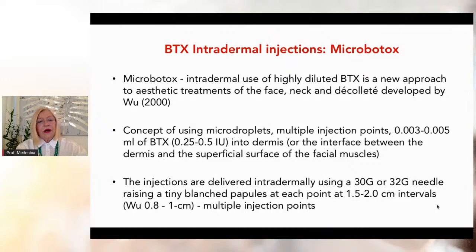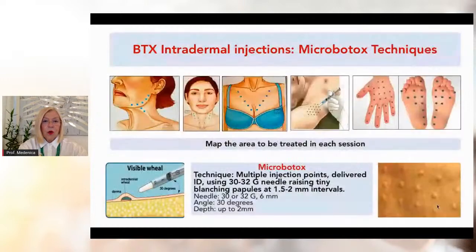The injections are delivered intradermally using a 30 or 32 gauge needle, raising tiny blanched papules at each point at 1.5 to 2 centimeter intervals. Wu used 0.8 to 1 centimeter intervals, and we are doing multiple injection points. Actually, before any procedure, we should map the area to be treated.